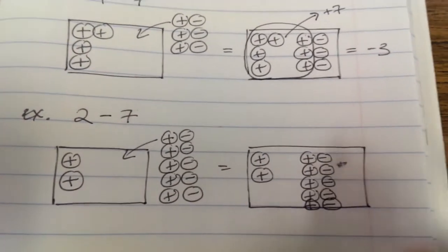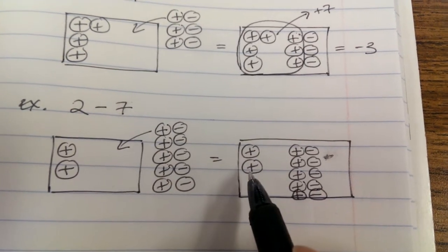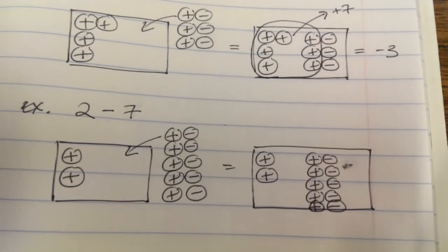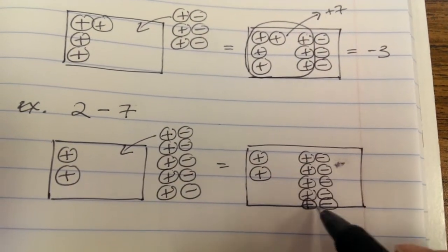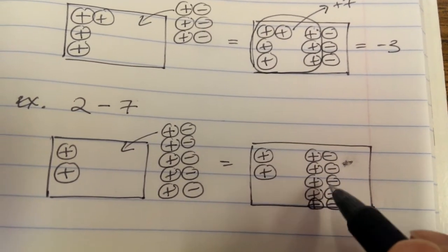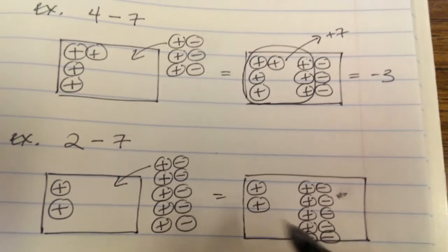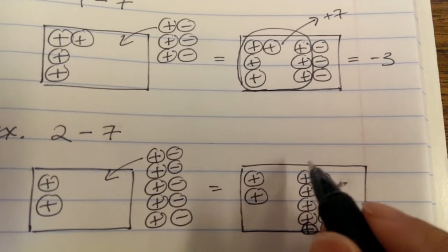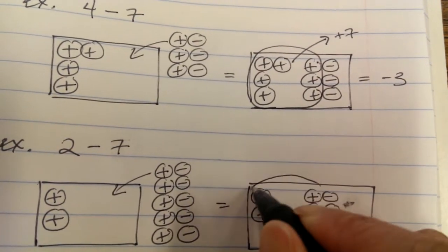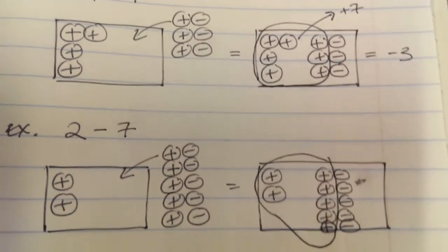Okay, so now I have the 2, and then I have the 5 that I don't really have, right? These are really not there because they kind of cancel each other out. But now can I take away 7? Yeah, I can take the $2 I have and then the $5 I don't have, right? So this I'm going to have to borrow from the bank.